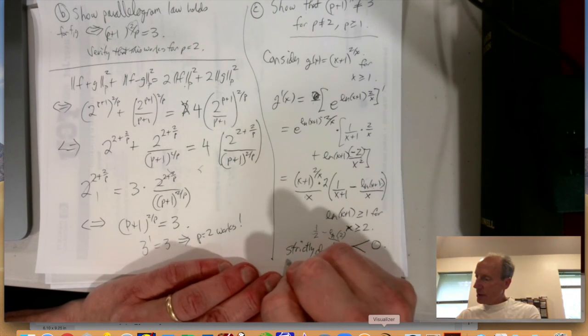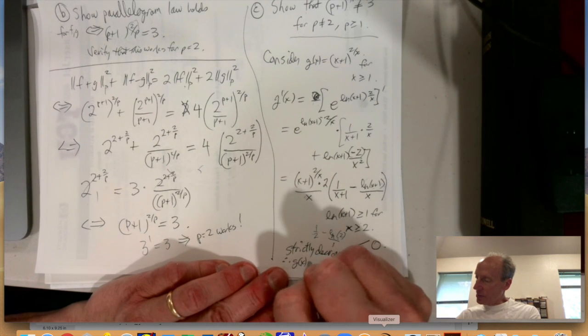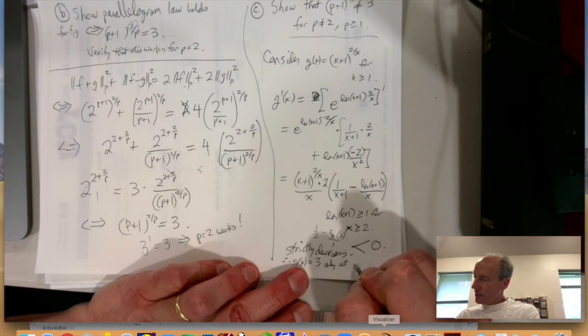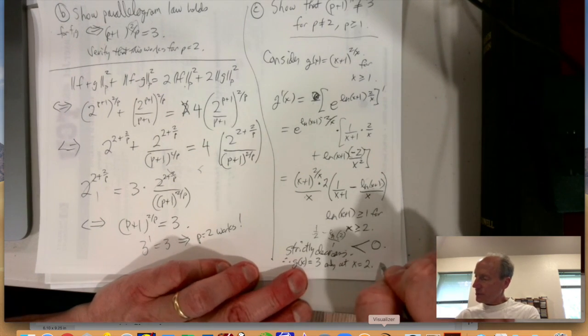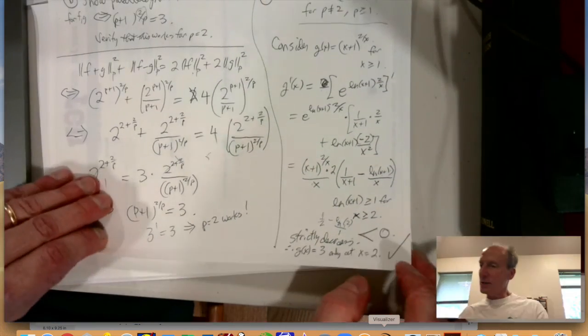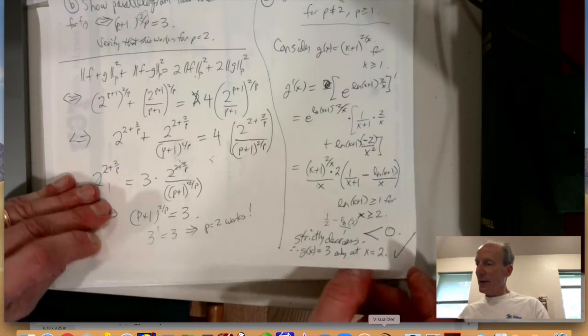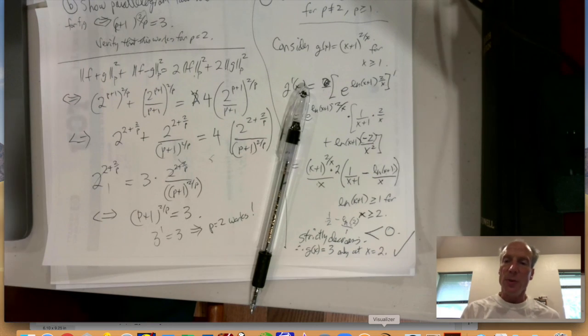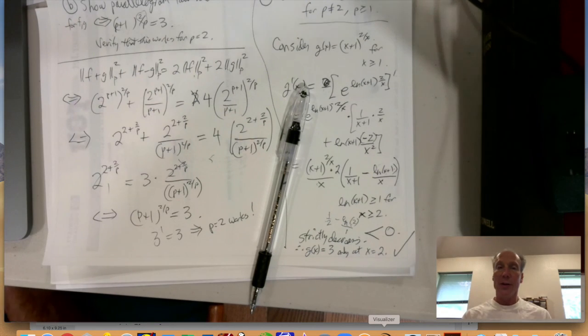So therefore g of x equals 3 only at x equals 2. Excellent. And that shows you that the L^p spaces for p not equal to 2 are not inner product spaces.